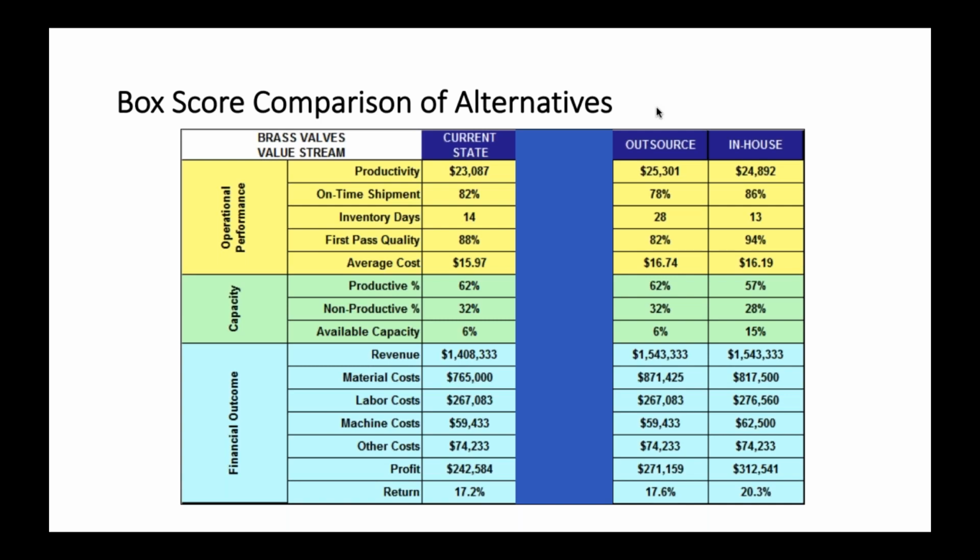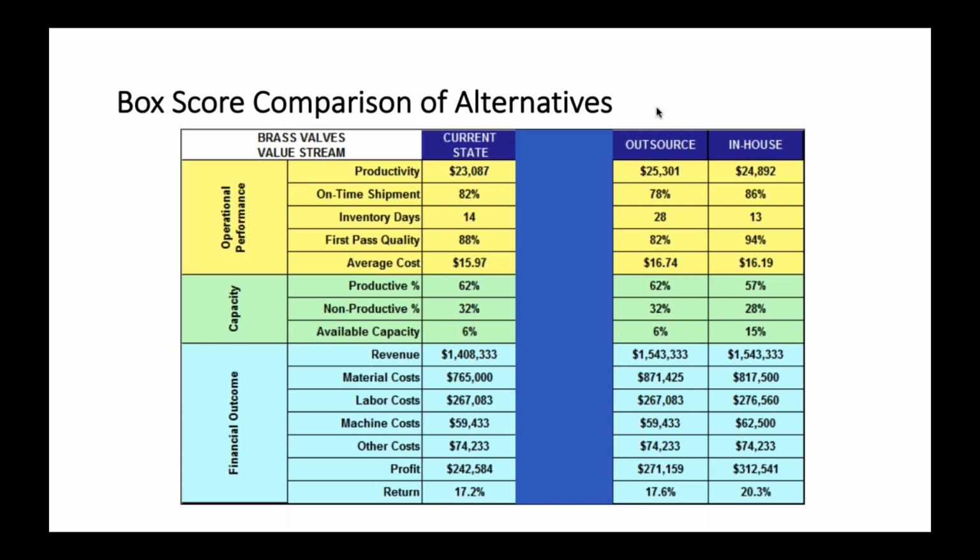But if we make it in-house, the first issue is we don't have enough capacity. We only have 6% available capacity, so we have to invest in capacity in order to make it in-house. What do we see from a performance standpoint? Our on-time delivery gets better. Inventory pretty much remains the same.